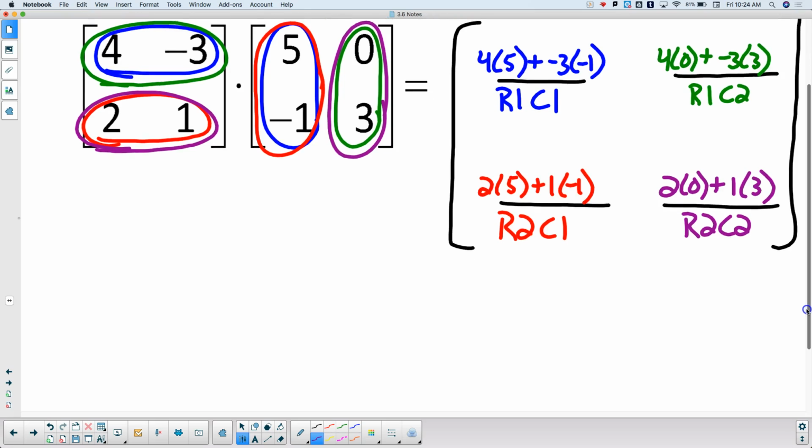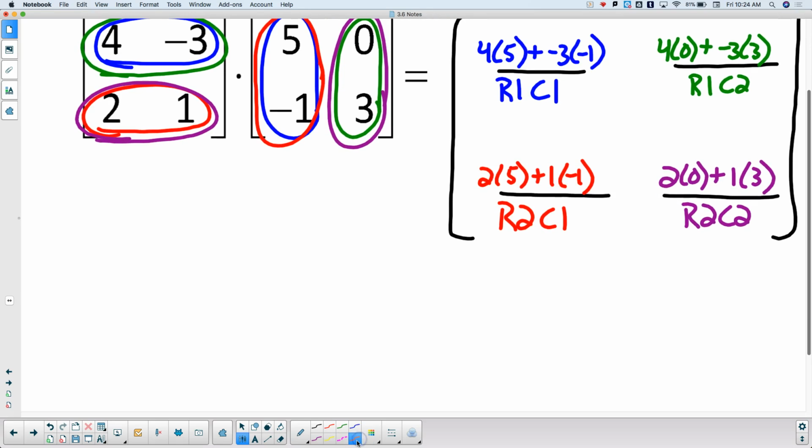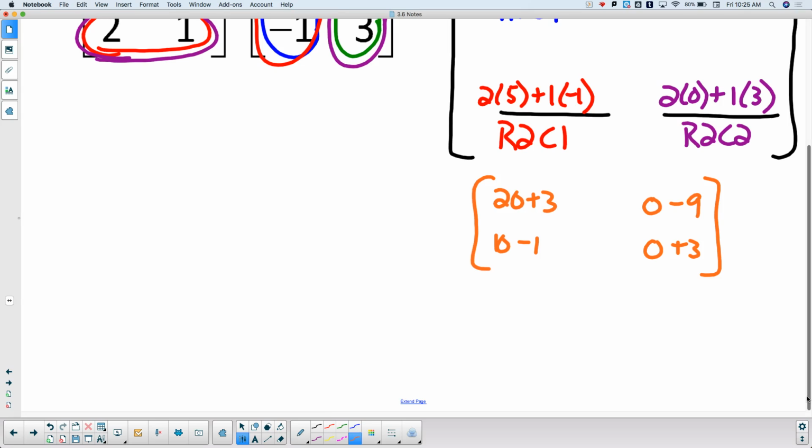Do some math. So this is 20 plus 3. That's 0 minus 9. This is 10 minus 1. 0 plus 3. So this is the 2 by 2 matrix of 23, negative 9, 9, 3.